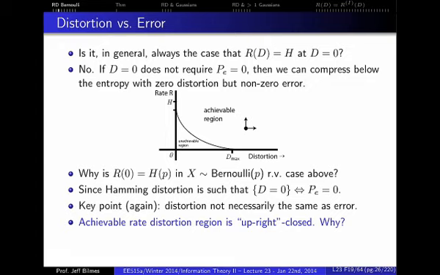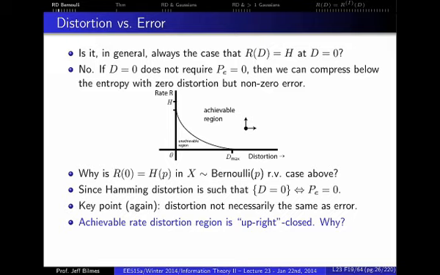They're not necessarily noise bits, they're just extra spurious, unnecessary, redundant bits that you just strip off. I could always add an extra bit at the end of every character. So you increase the rate, you're transmitting more. And similarly, if you achieve a given distortion, you can always get a worse distortion by adding a little bit of Gaussian noise. So it's always upright closed. Once you've achieved a point, you can always go up, go right, and go diagonally up in any direction.